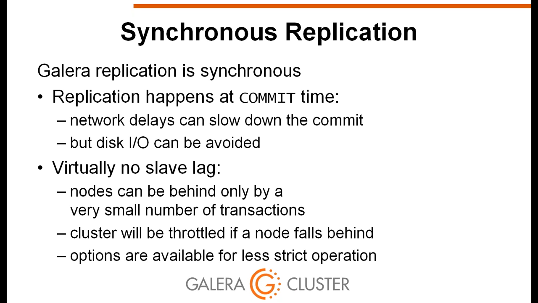So this is one thing to keep in mind when you migrate, that the actual behavior of the commit procedure is different, and you cannot simply pump transactions on the master as fast as it can handle them, and let the slaves catch up at a later time. Since all the nodes in the cluster work together as a single entity, you cannot have one of the nodes being very far behind the others.